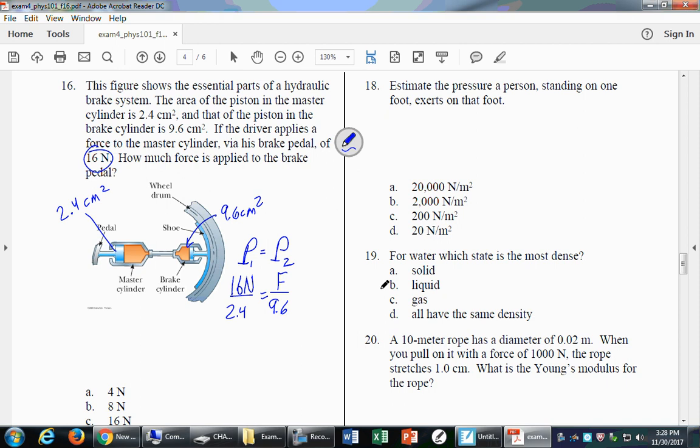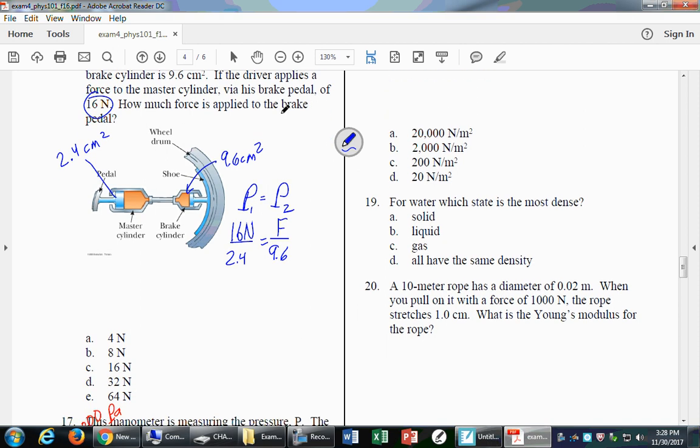I have a factor of 4 from this area to this area. My area increases by a factor of 4. That means my force is also going to increase by a factor of 4. So it was 16. 4 times 16 is 64. E is the right answer.